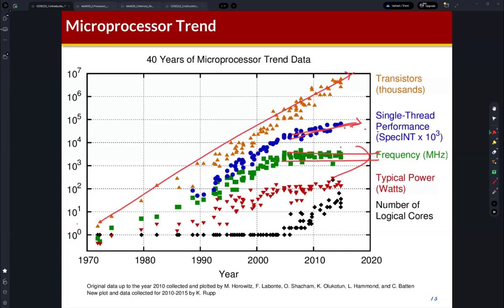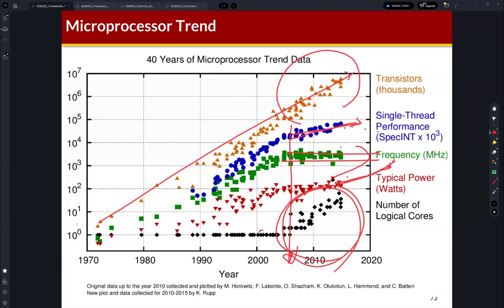TDP, the power, is also saturated, but is increasing recently. But you can find that the number of cores has increased. So from this year, we can continue Moore's law by increasing the number of cores in a chip.